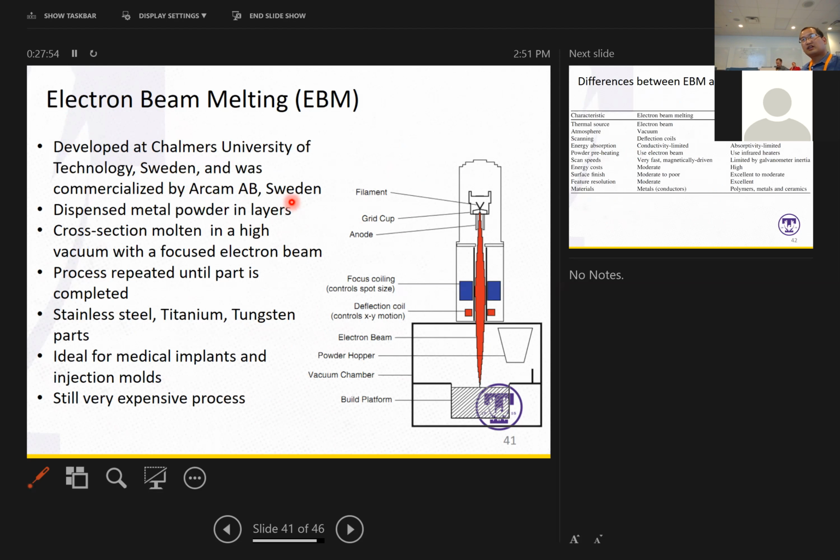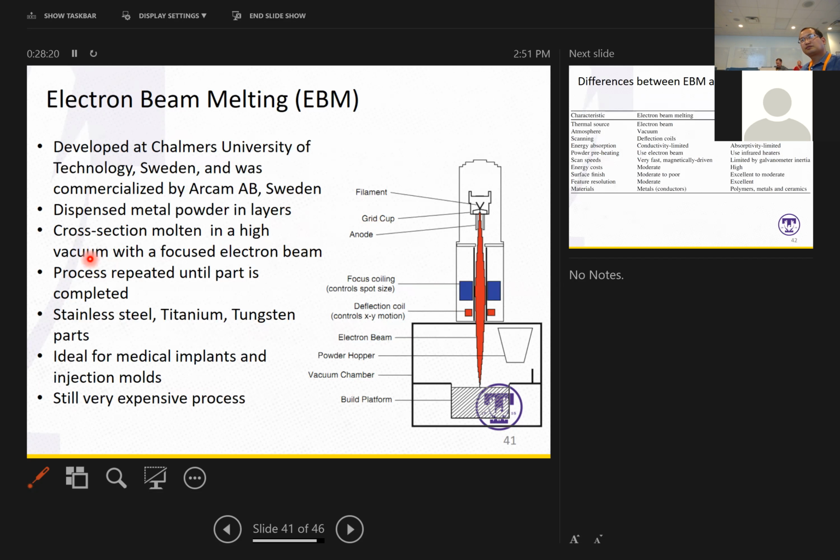Basically it's quite similar to selective laser melting, but it uses an electron beam as the power source, and it is in a high vacuum environment, other than an environment with gases, right?